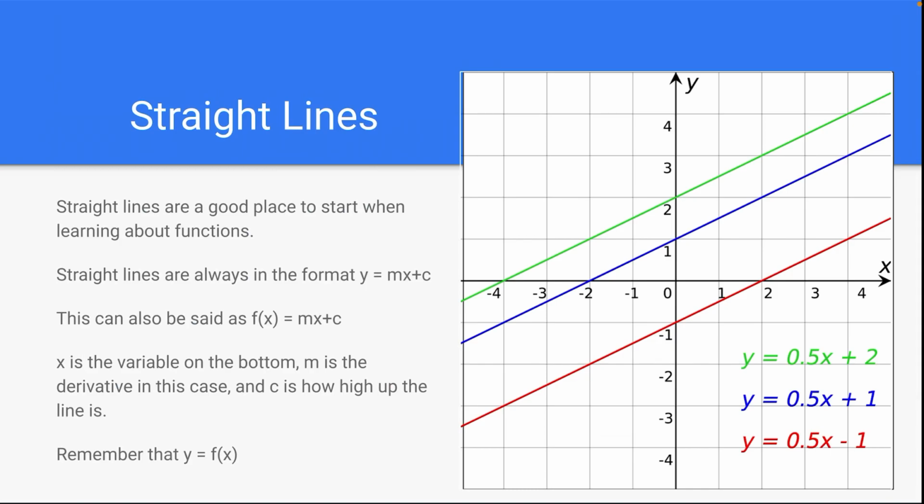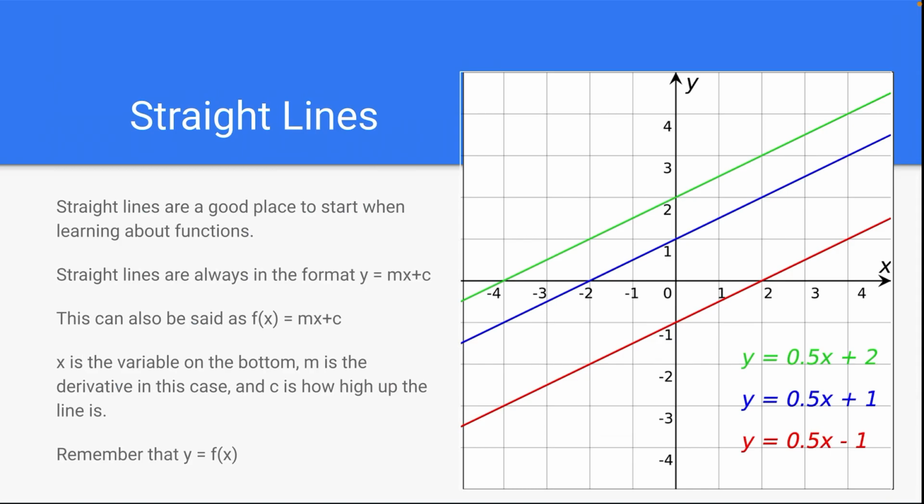Straight lines are a good place to start when learning about functions. Straight lines are always in the format y equals mx plus c. This can also be said as f of x equals mx plus c if you want to be fancy like that. This image I got from Wikimedia Commons.